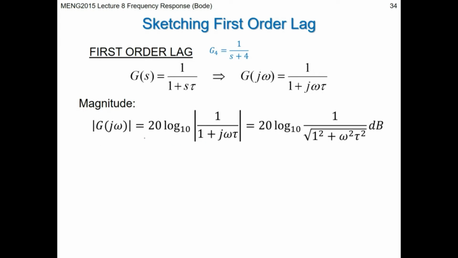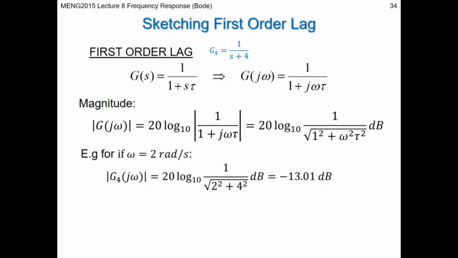The magnitude of this factor is going to be 20 log base 10 of the magnitude of 1 upon 1 plus j omega tau. So it's going to give us 1 over root 1 squared plus, well, the j squared cancels, so omega tau all squared. This is going to be our expression for magnitude.